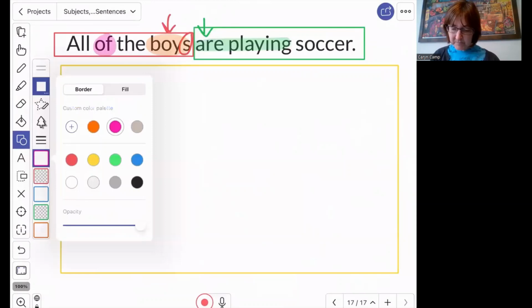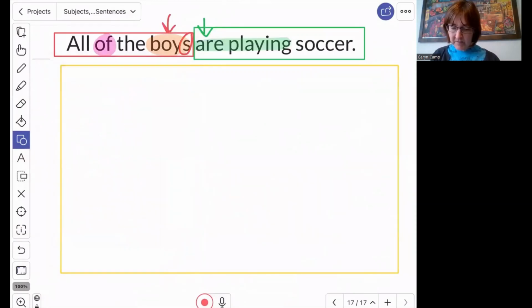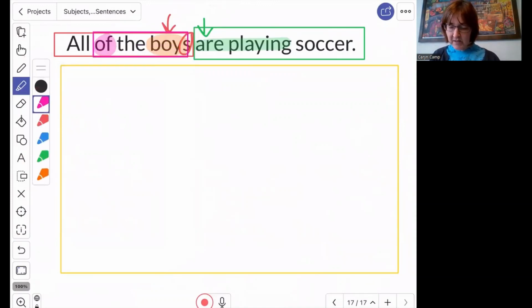Right here, it's kind of hard to see with my pink, maybe I'll make my whole prepositional phrase pink. Okay, right in there, that's a prepositional phrase, which means the boys, the last word of the phrase, that's a noun, and the last word of the prepositional phrase cannot be the simple subject. We call that the object of the prepositional phrase.